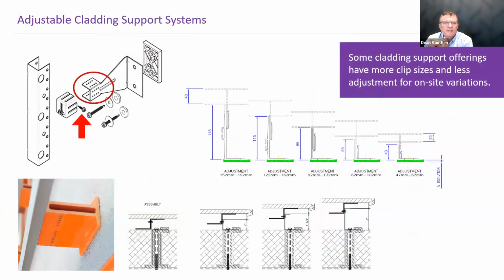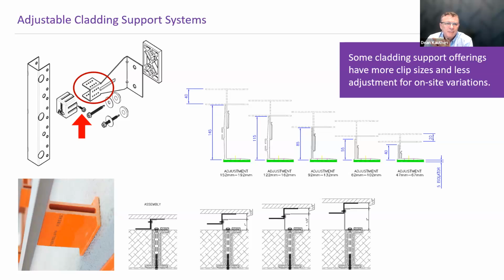And here are a few examples of adjustable systems that are available on the market. You can see in the upper left, there's an adjustable system. When the built-in adjustment that you see circled is exceeded, a clip can be added to get a little more adjustment out of the cladding support system.